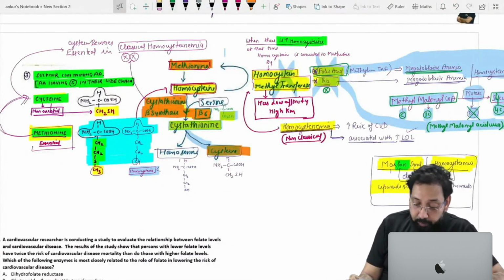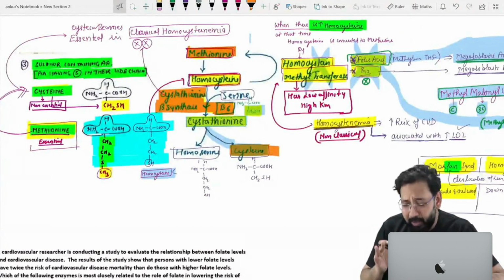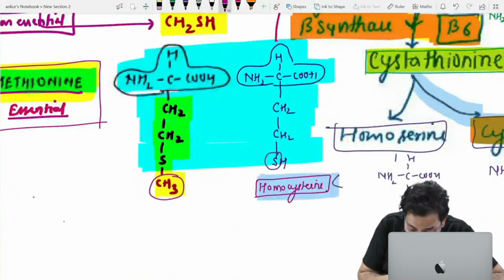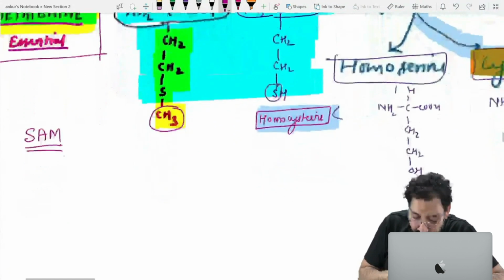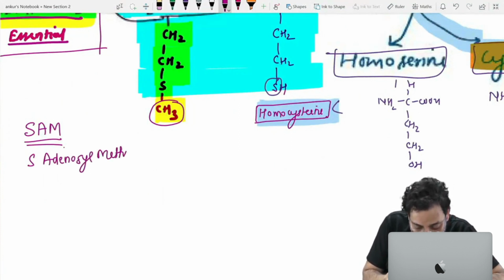So you know that folic acid is an important methyl group donor, but we found that other than folic acid, there is a word you must have heard many times, SAM, S-adenosyl methionine.